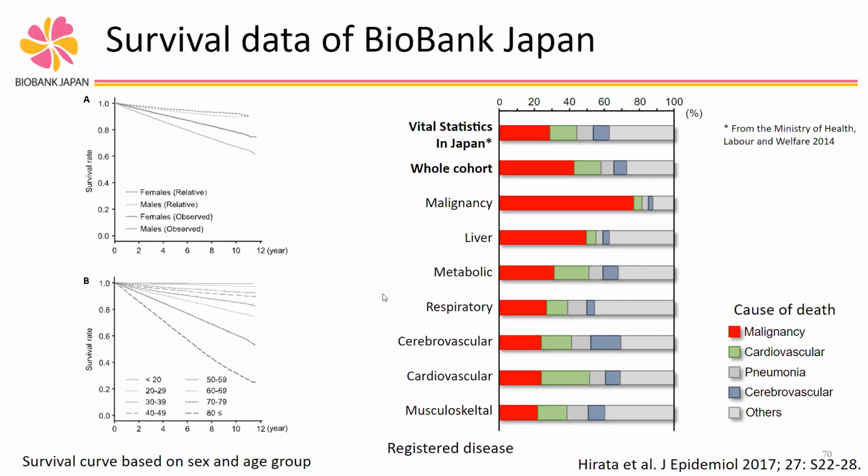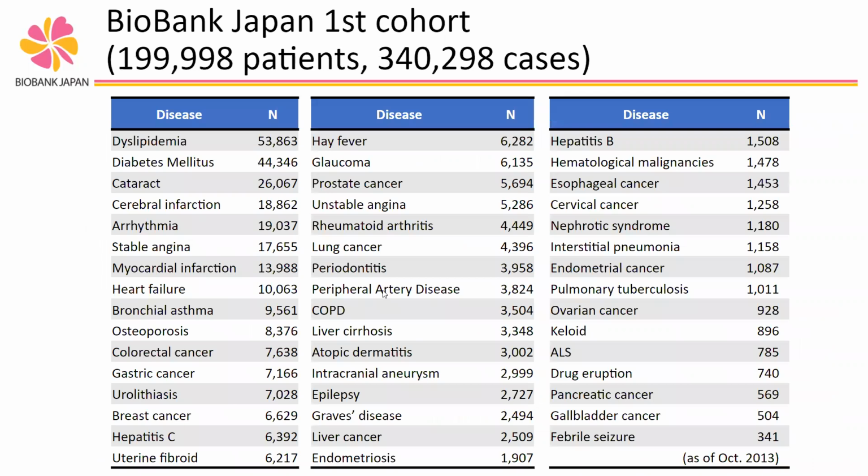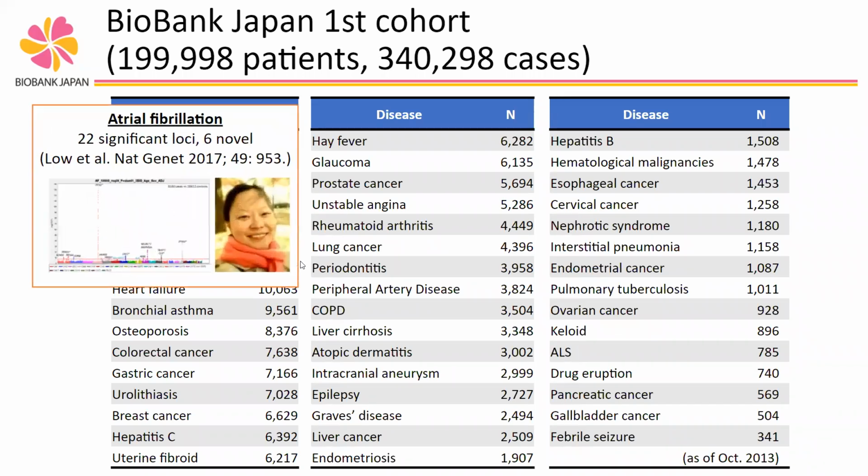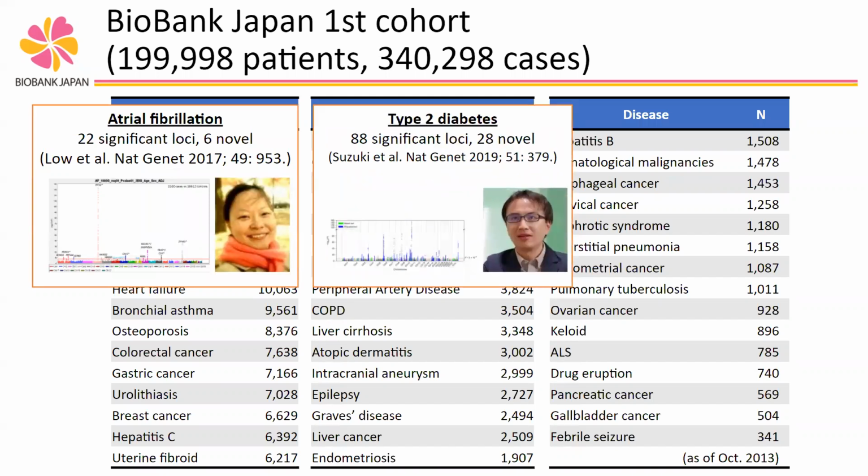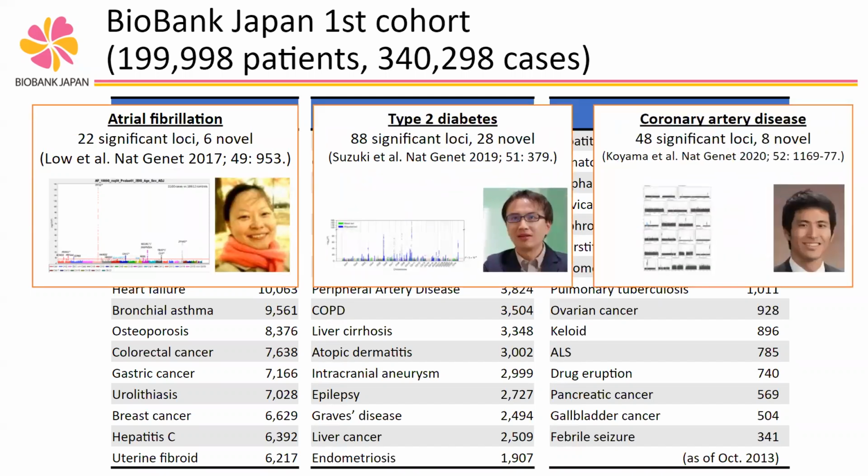And these are the list of diseases for the Biobank Japan first cohort. As you can see, some specific diseases were selected, which were considered to be important for public health in Japan. And using these phenotype data, we have published several genome-wide association studies, like atrial fibrillation, type 2 diabetes, and coronary artery disease.